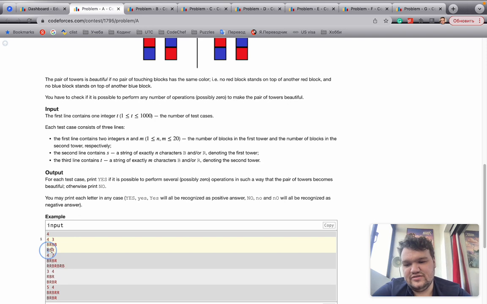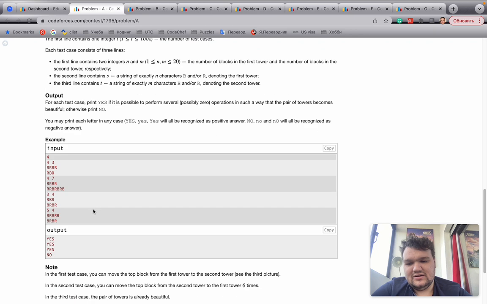So I will reverse the second string and concatenate the two. And after that we should check if there is at most one pair of neighboring characters that are equal. If it is true then the answer is yes, otherwise it is no.